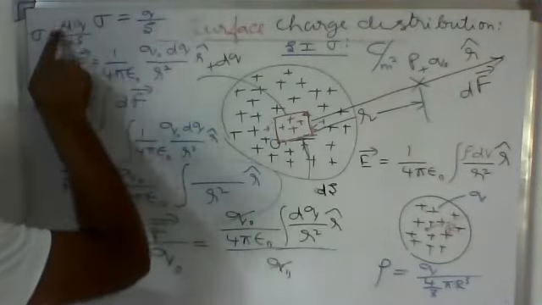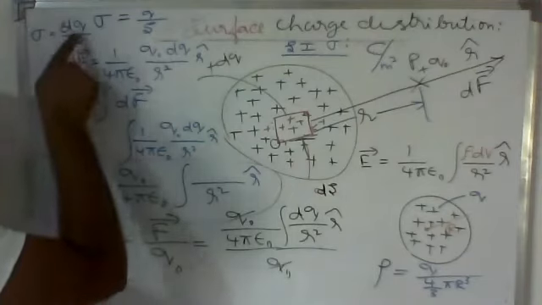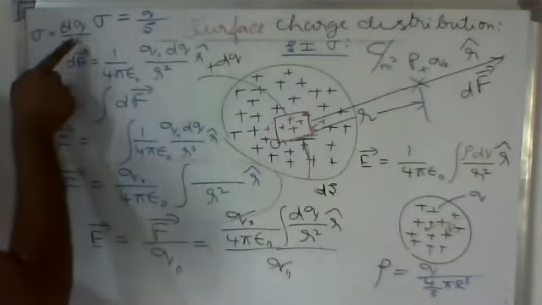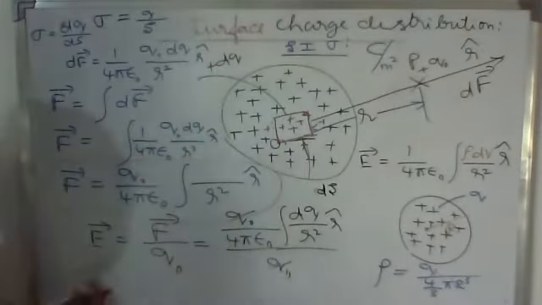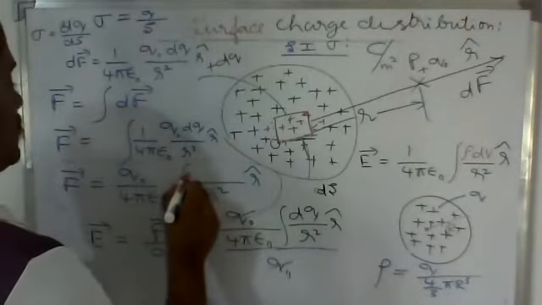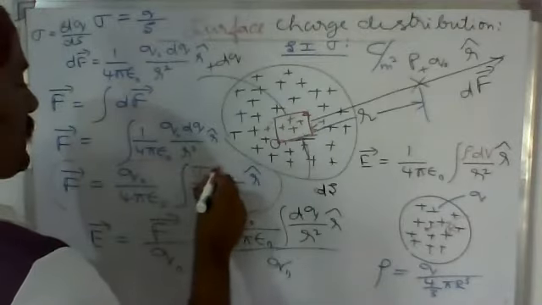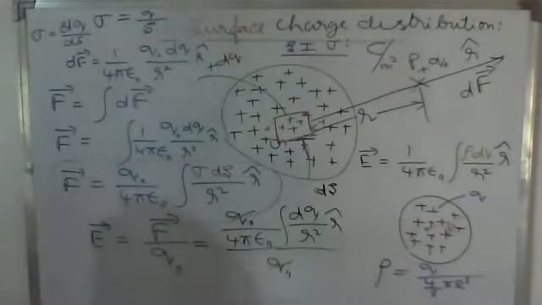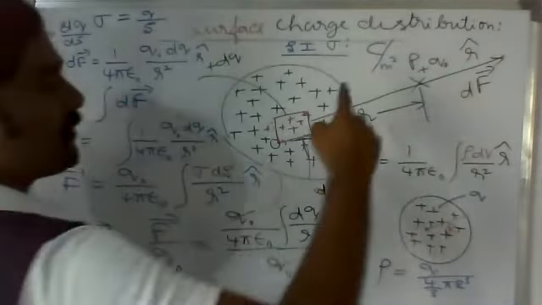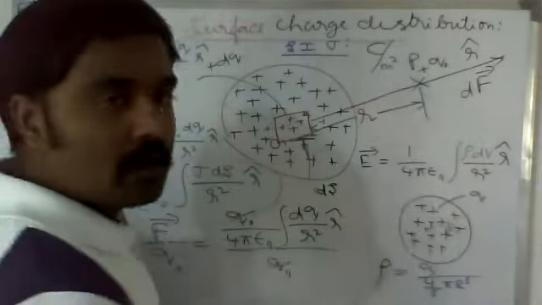So the charge contained in small area ds, dq, is equal to sigma into ds. So instead of dq, we can write sigma into ds.